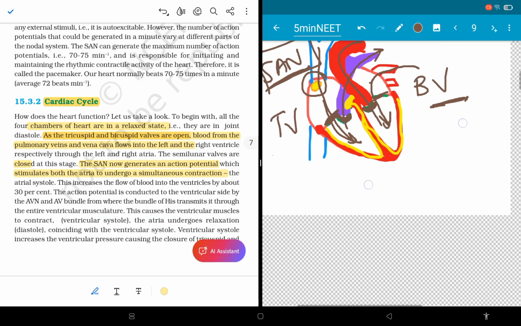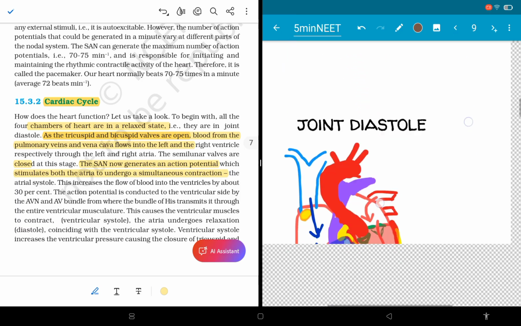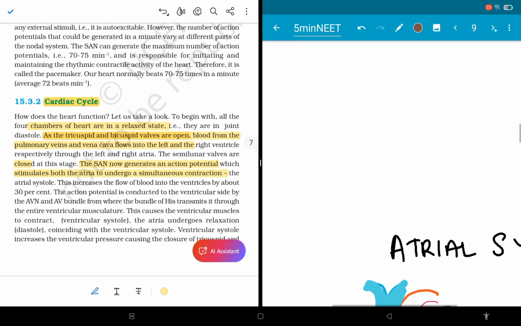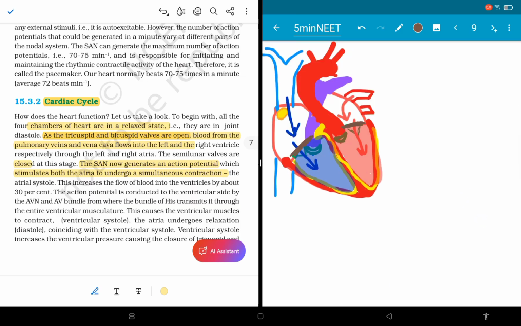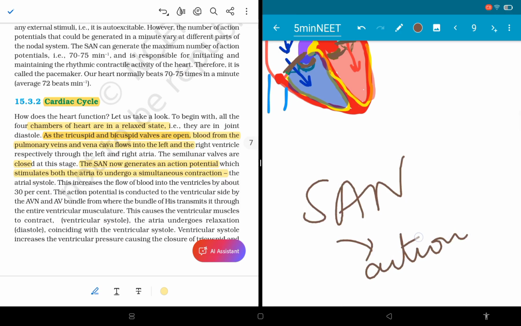In joint diastole, blood from the vena cava and from the pulmonary veins enters the ventricle, so it is now full of blood. The valves are open, so it enters without any problem, but there is no backward flow of blood because the semilunar valves are closed. Now when the SAN, the sinoatrial node, generates an action potential, what is expected?